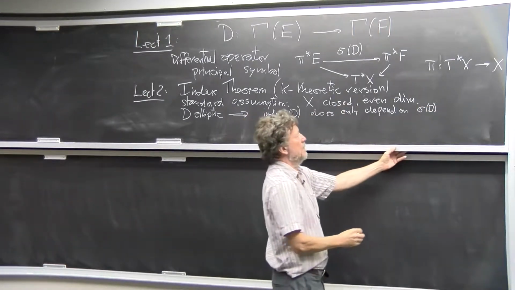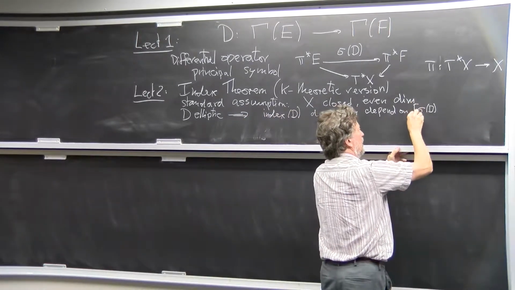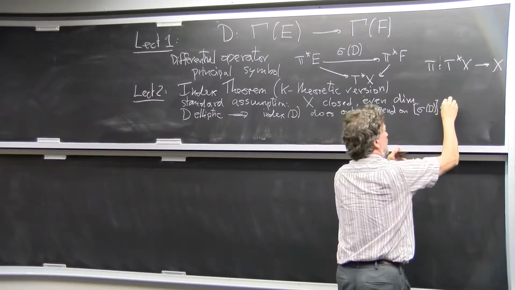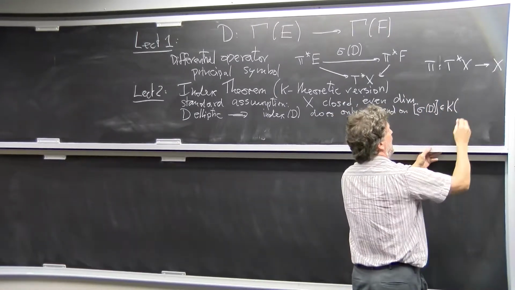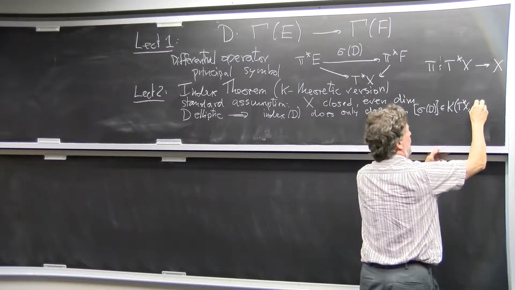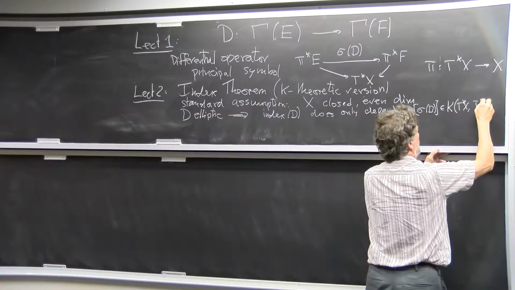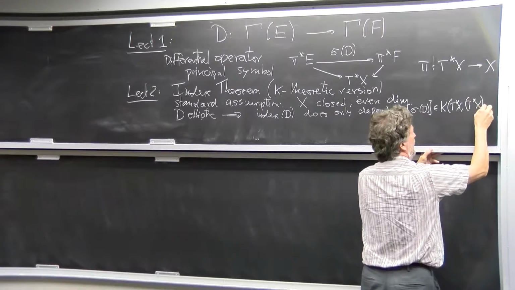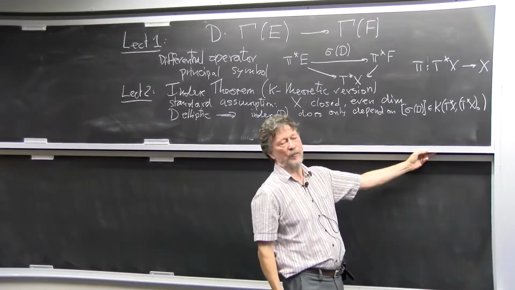More precisely, the principal symbol of D represents a K-theory element in the K-theory of the cotangent bundle relative to the complement of the zero section of the cotangent bundle, which I denote in this form.